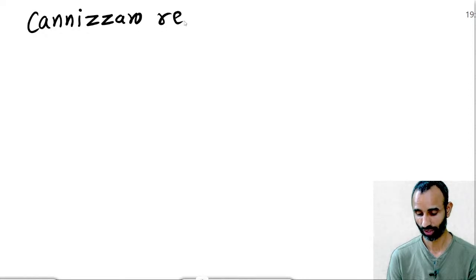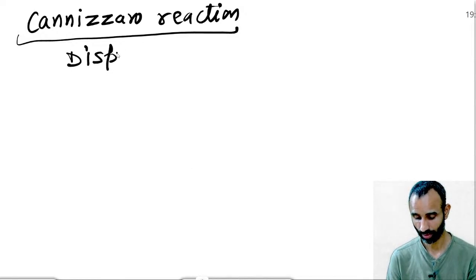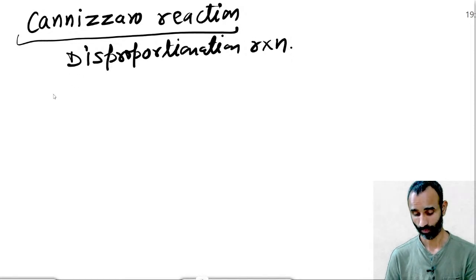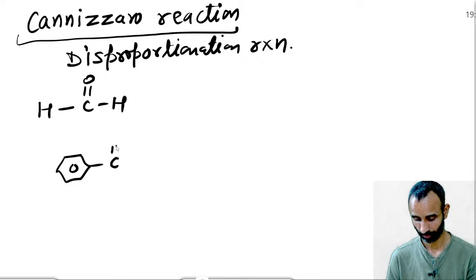Now, Cannizzaro reaction. In Cannizzaro reaction, it is one type of disproportionation reaction, and it involves aldehydes having no alpha hydrogen.